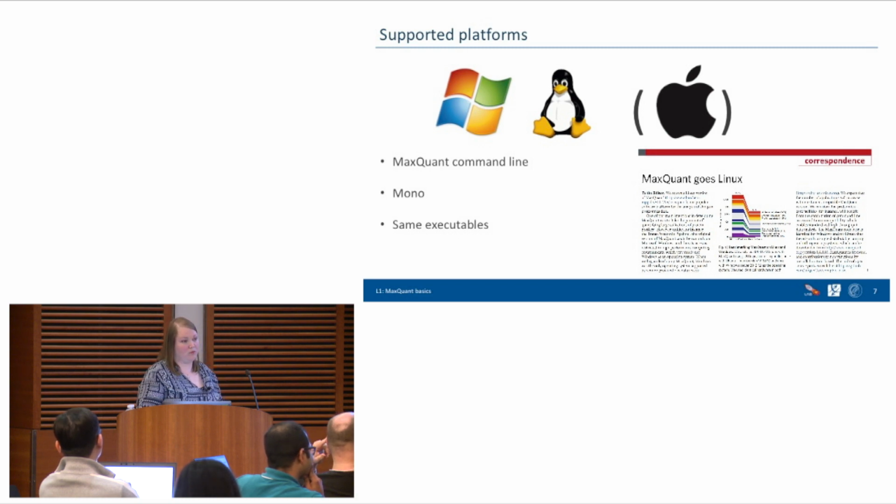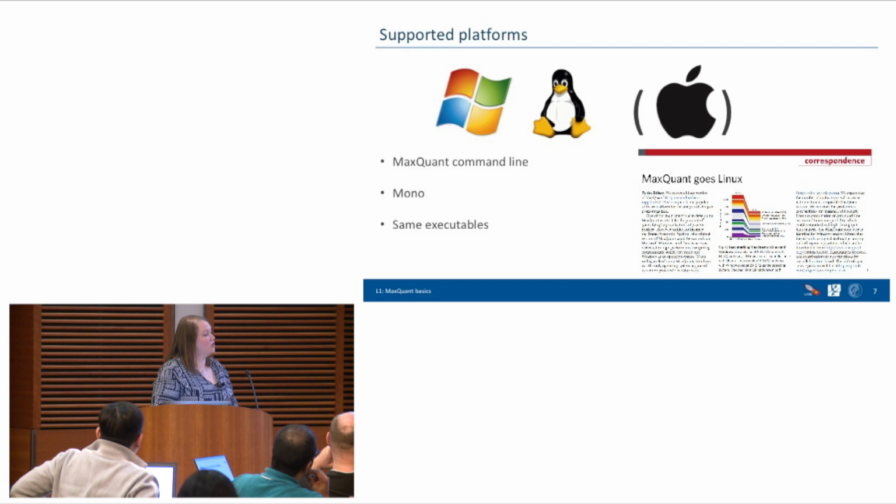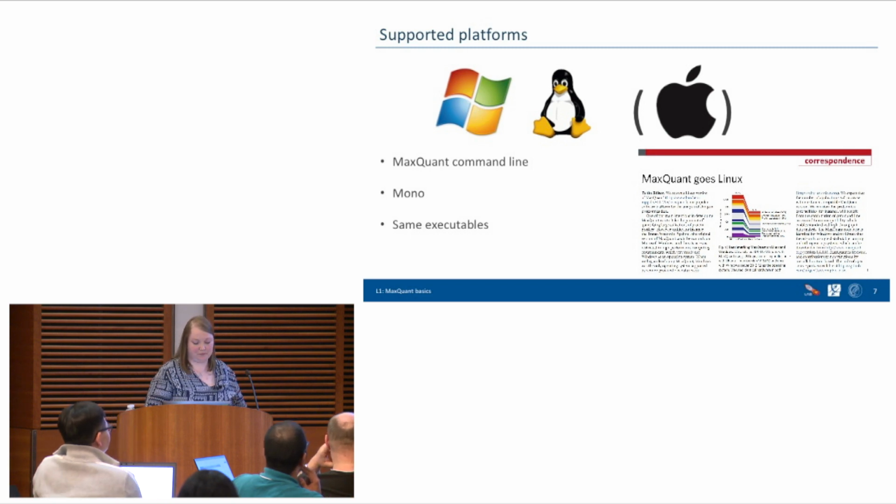Also, when you want to run MaxQuant on Linux, you don't need to download a specific version, because we use the same code that runs on both platforms. So you download it and run it, only writing mono for Linux.